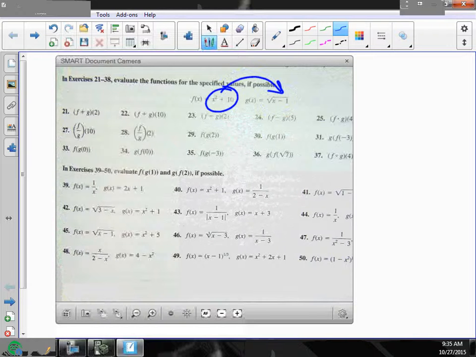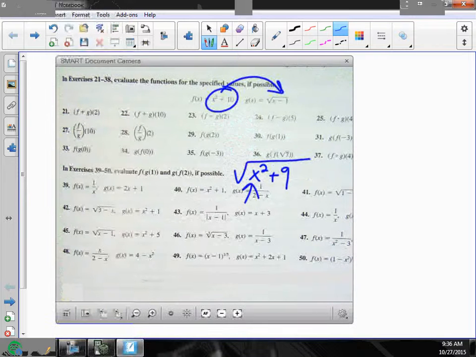Should I plug in root 7 now and then stick the answer into g, or should I plug x squared plus 10 back in? If we plug that in, we're going to get the same thing we got last time, the square root of x squared plus 9. And then I'm going to plug in root 7. What is the square of root 7? 7, and 7 plus 9 would be 16, and the square root of 16 is 4.